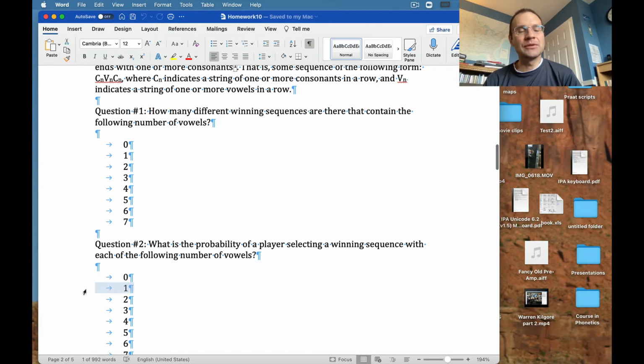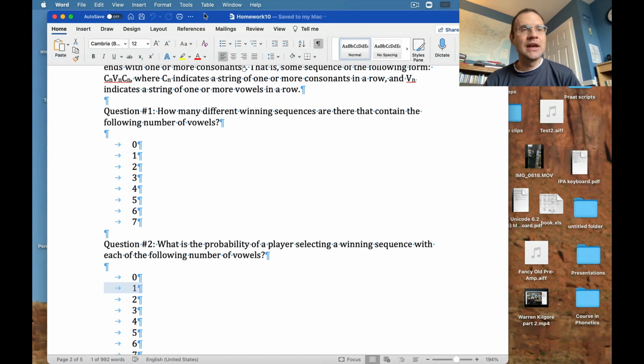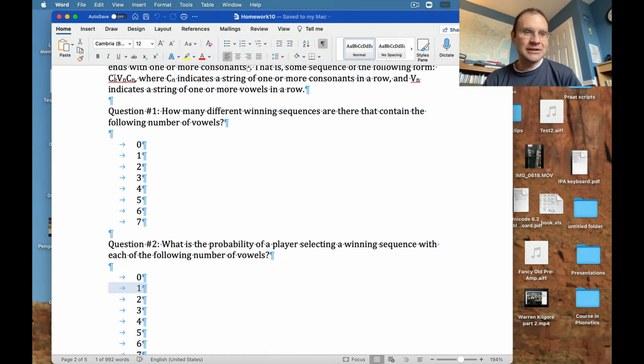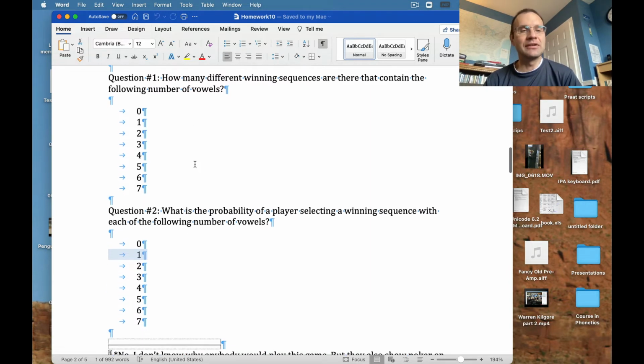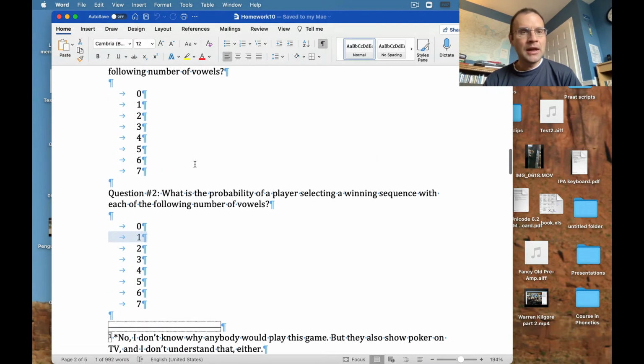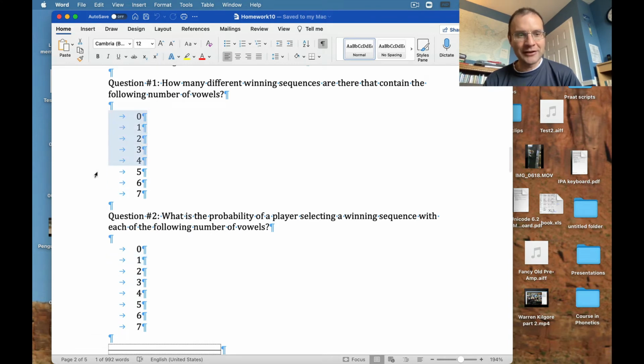Or if you have a winning sequence with 1 vowel in it, what is the probability of selecting that winning sequence? Again, it just has to be a vowel somewhere in between, with strings of consonants on either edge. So this is the number of possible different sequences with this number of vowels in them, and this is the probability of drawing a sequence with this number of vowels in them.